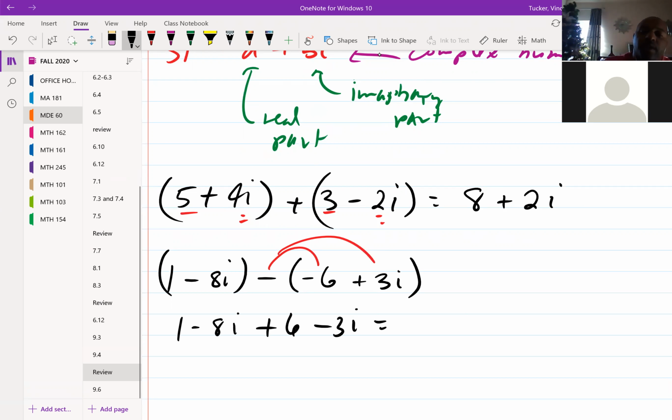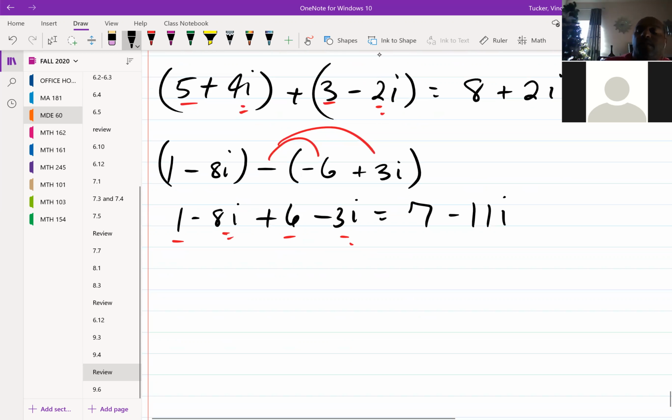So you have 1 and 6, which would be 7, negative 8i, negative 3i, negative 11i. Any problems with that?